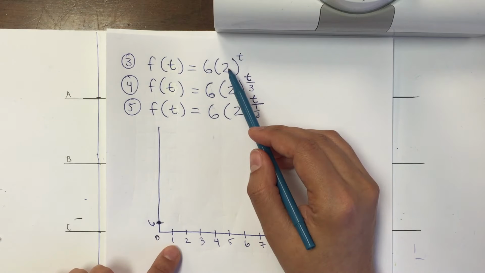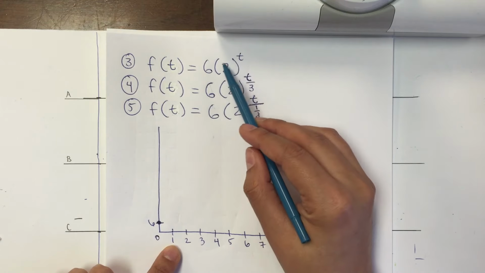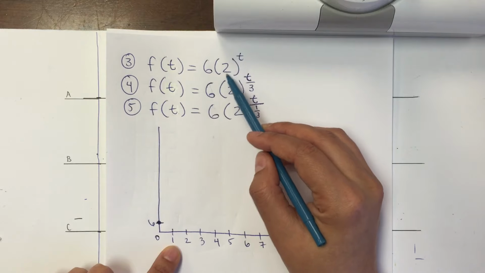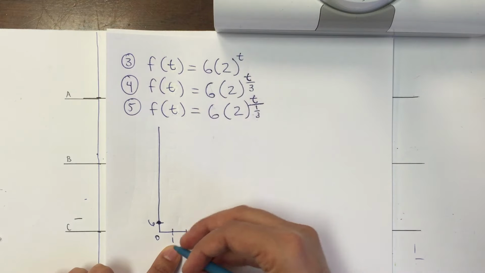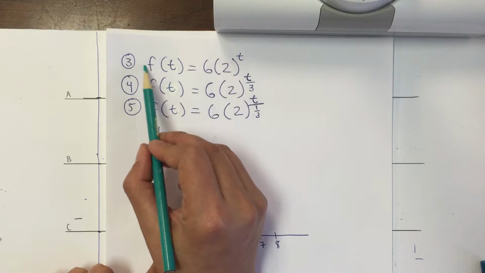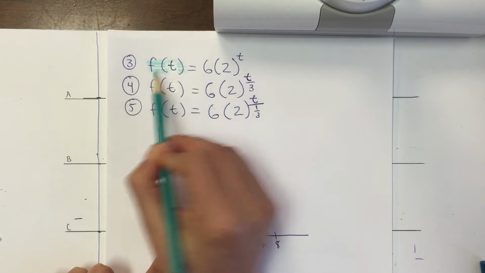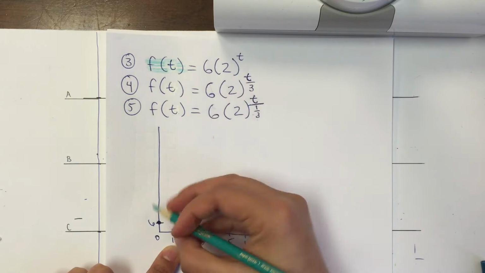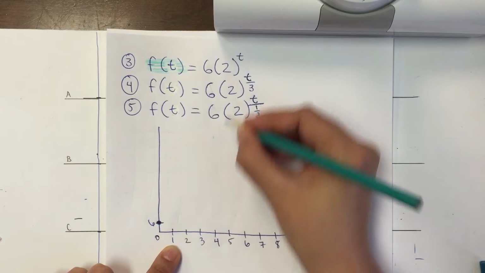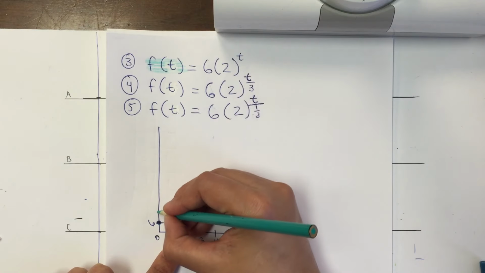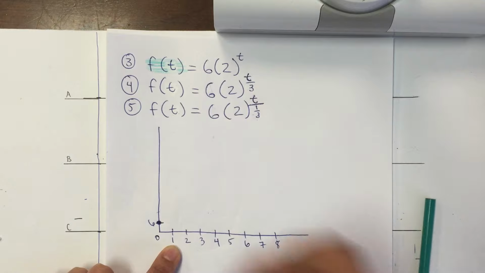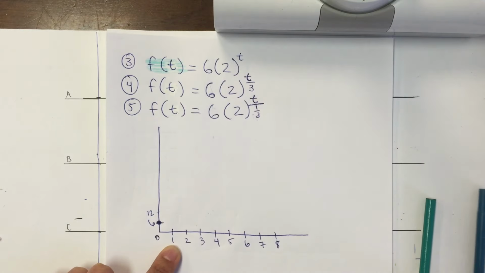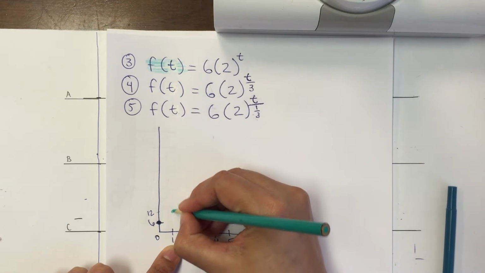and then that doubles every hour. Okay, for every hour it doubles. That's what it means in there. So I'm going to use this aqua color for this first function. So my initial point after 1 hour is going to be at 12.